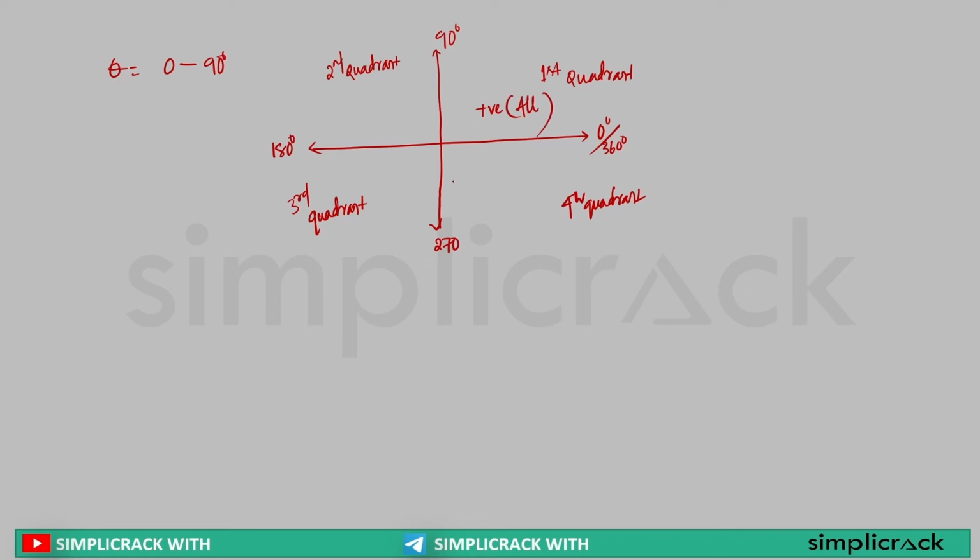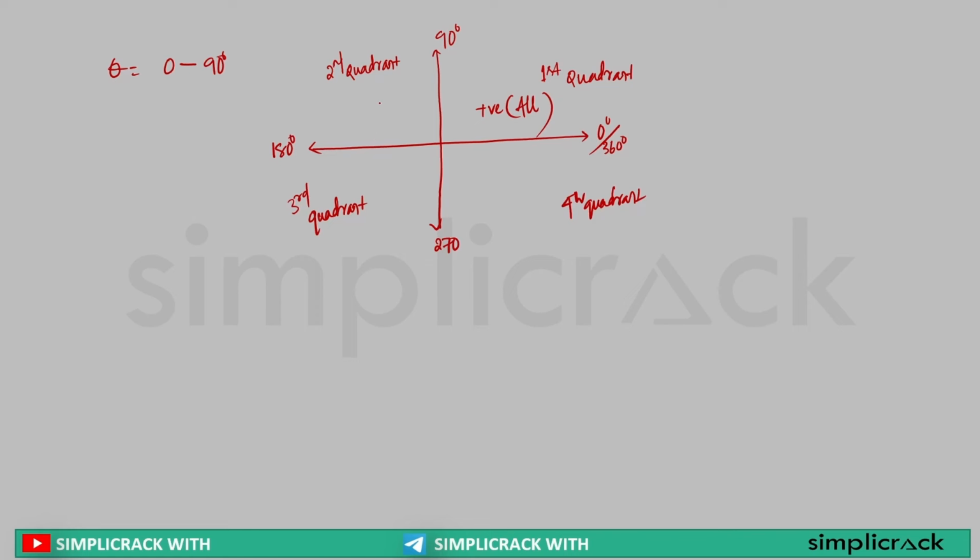But when we take the value as 90 degrees plus, that means sin 91 degrees, sin 95 degrees, sin 120 degrees, or cos 120, cosec 120, cot 120, every angle is between 90 and 180.